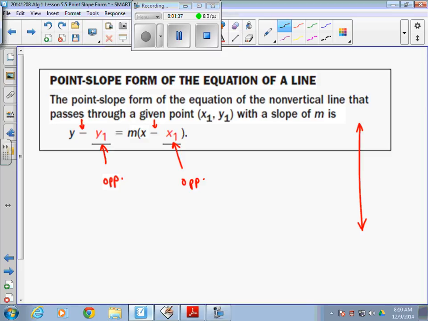Let's say the point you wanted to use was 1, 3. You would put 1 in place of x and 3 in place of y, so y minus 3 and x minus 1. When you graph that, it shows the opposite of each of these values.